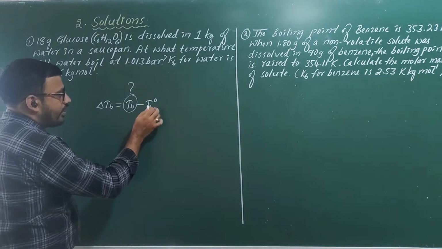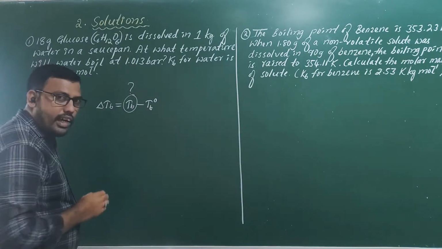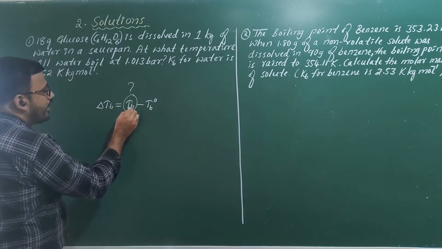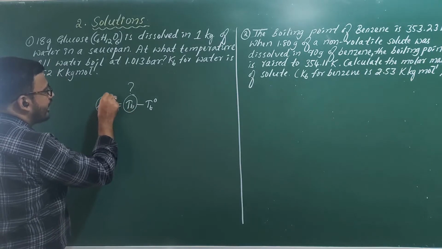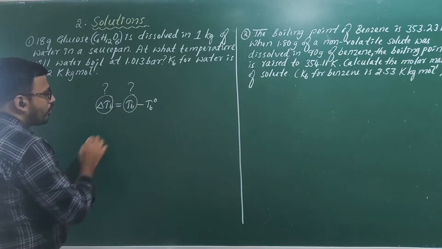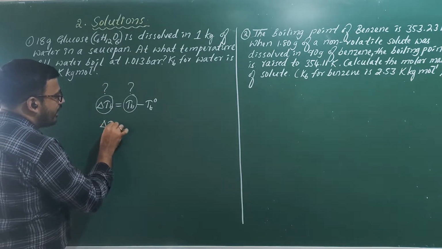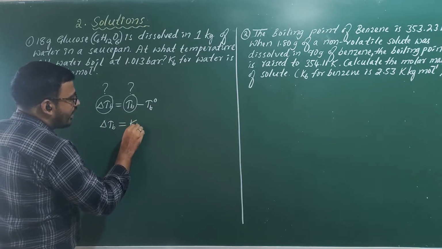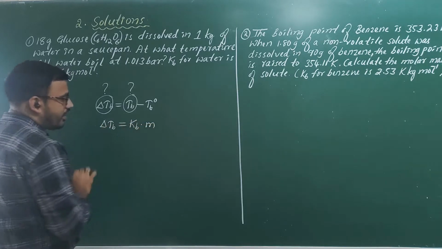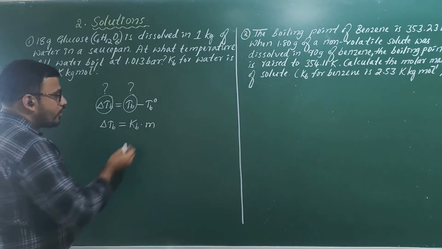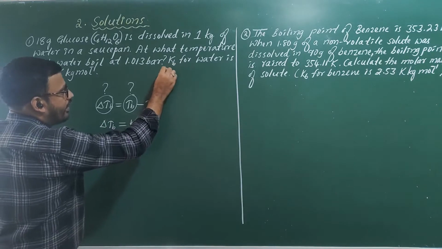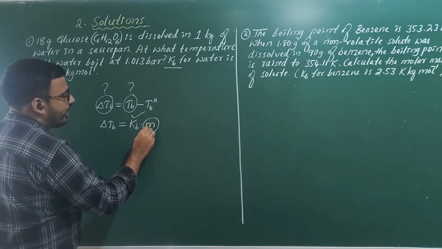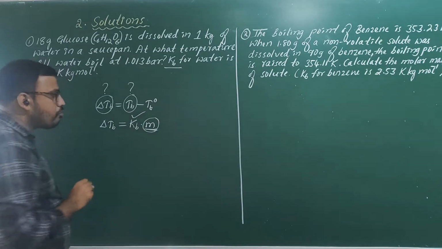TB naught we know, because the boiling point of water is 373.15 Kelvin we can take. So in order to calculate this, you should calculate delta TB also. Delta TB can be calculated by delta TB is equal to Kb into molality, small m. Here the Kb value is also given. So first we need to calculate molality.